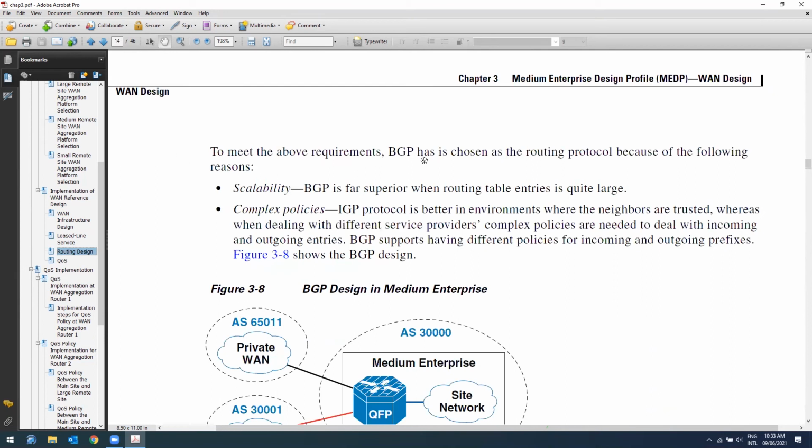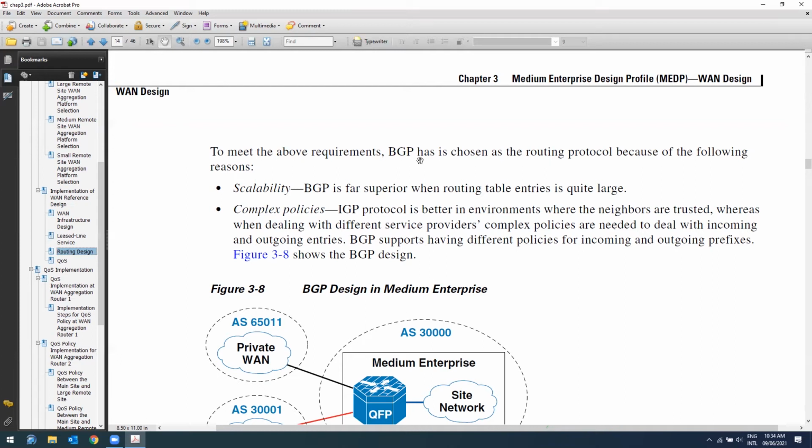And to meet the above requirements, the BGP design is chosen as the routing protocol for the following reasons. Okay, scalability. BGP is far superior when routing table entries is quite large.